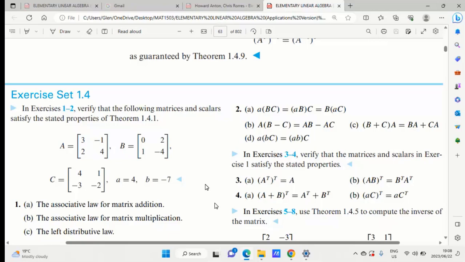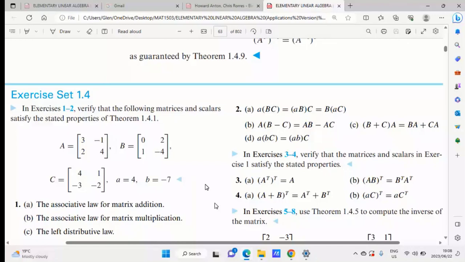Oh, okay, that's where I was making a mistake. The second row of C was supposed to be negative 3 and negative 2.